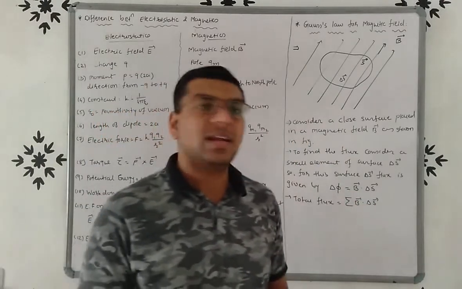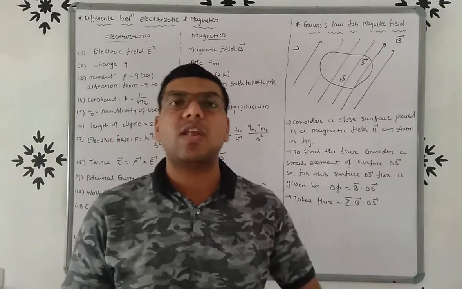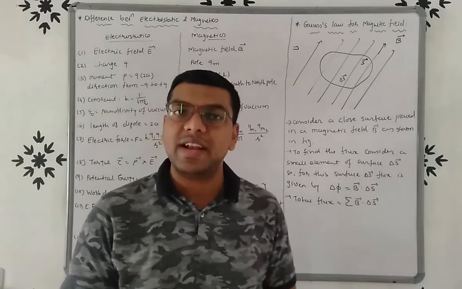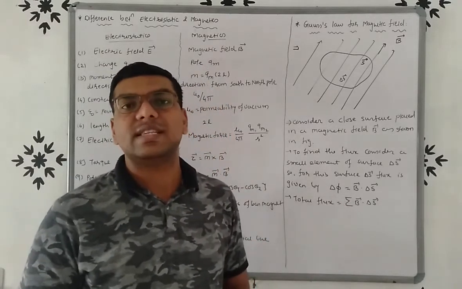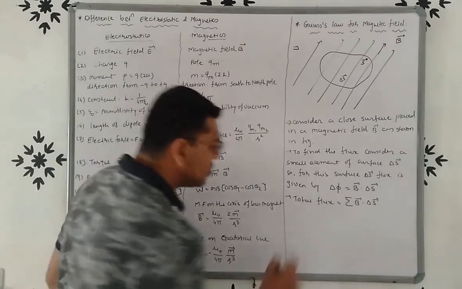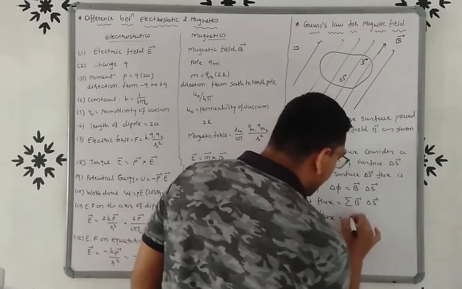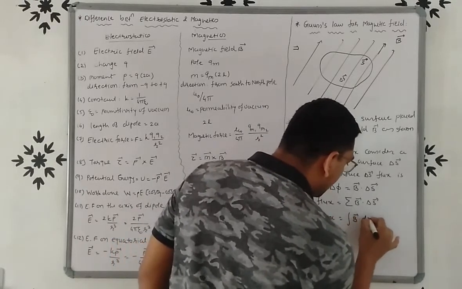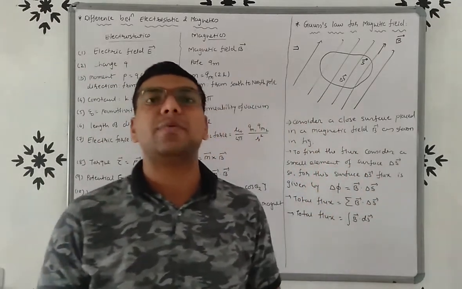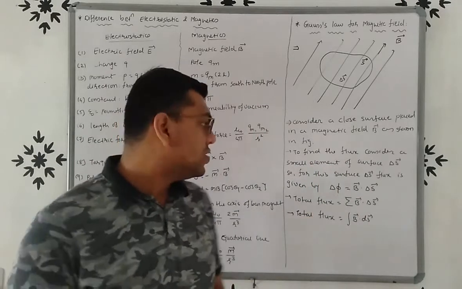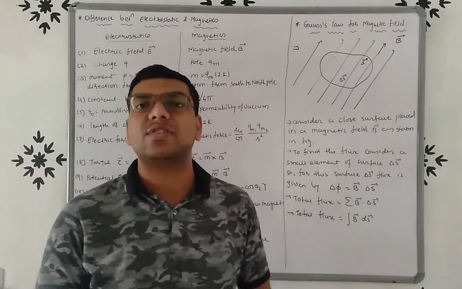But we already know that this is the small element of surface delta S. So for this small element, we have to take the limit, and we know that a summation with limit is an integration.